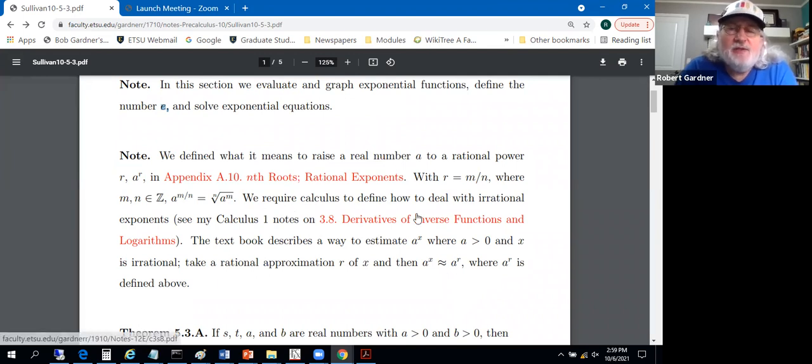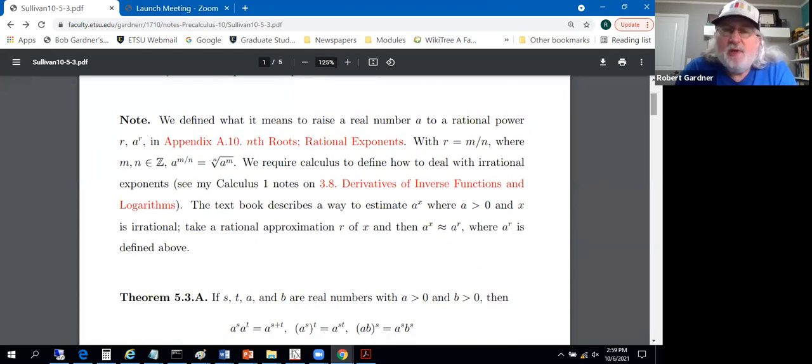We require calculus to define how to deal with irrational exponents. Some details are given in my Calculus 1 notes on section 3.8, derivatives of inverse functions and logarithms. We'll follow this textbook's approach, which is simply to describe a way to estimate a to the x when a is positive and x is irrational.